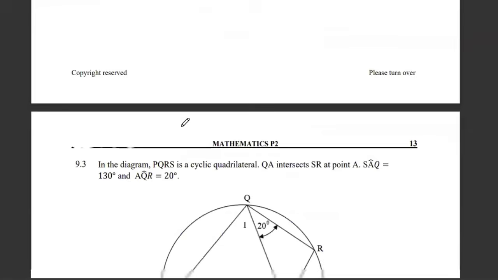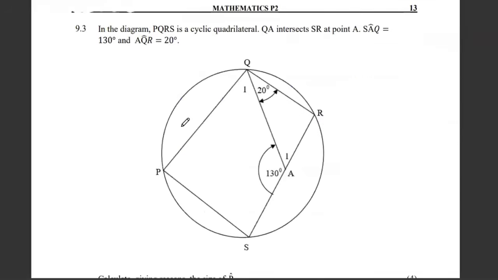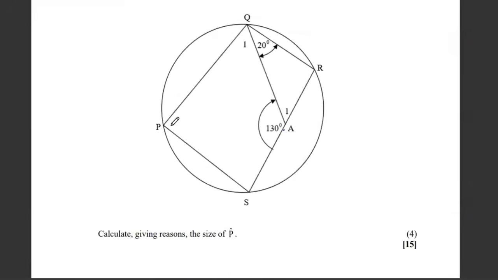We move on to 9.3. The diagram, we have still a cyclic quad with all of those values. We have a 130, we have a 20, and then they ask us to determine the size of P, this angle here. Okay, what do we see?